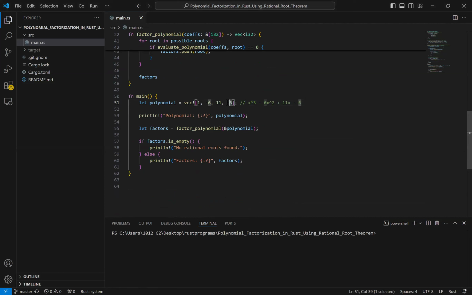You can see this is the term without a constant term, then 11x, then negative 6x squared, then x cubed. So I want to know what the roots are. Let me get the terminal. Cargo run.